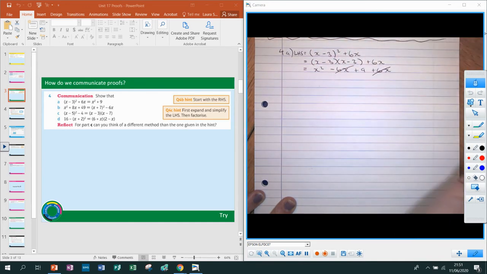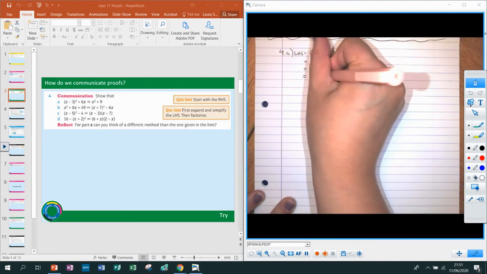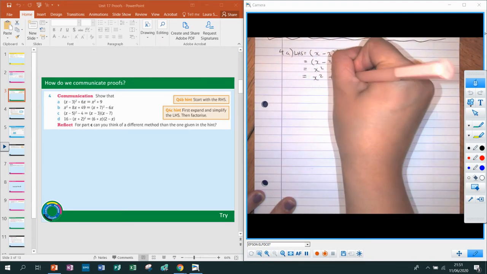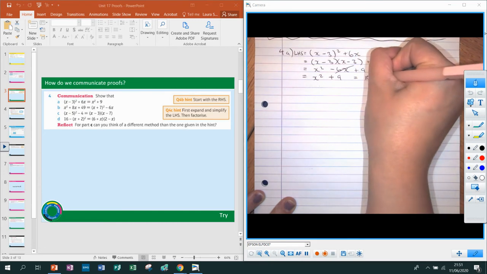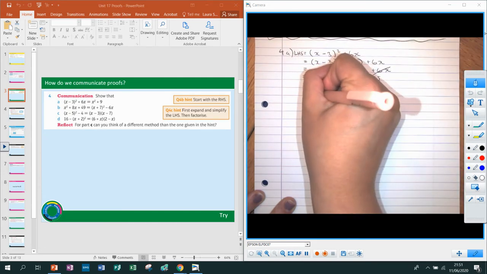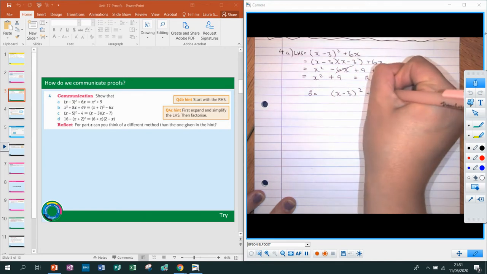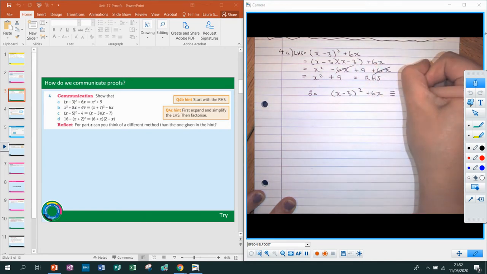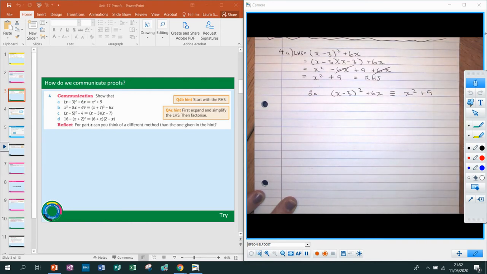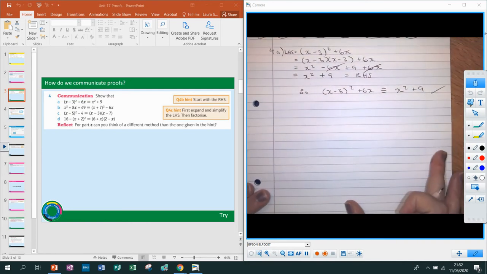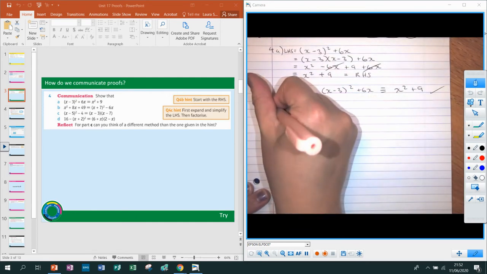Those cancel. Okay, and that gives us x squared plus 9, which we know is equal to the right-hand side, and therefore we can state that (x minus 3) squared plus 6x is indeed always equal to x squared plus 9, and that is an identity, and we've shown it. So that's finished. Okay, so well done those of you who got that.